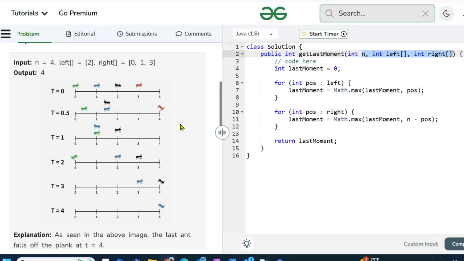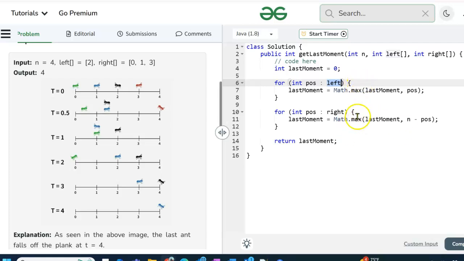So all we have to look at is ants moving left. Which ant is going to fall off last? That would be the ant at the highest position. For the ants moving right, which ant is going to fall off last? That would be the ant at the lowest position.